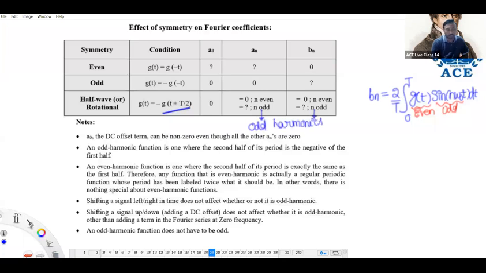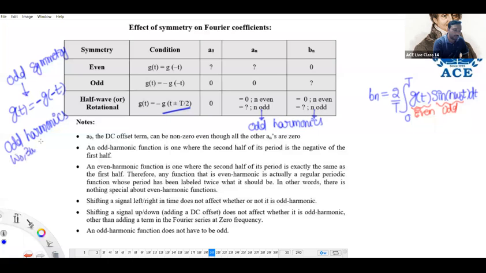Everyone be careful with two words, sir. Odd symmetry. Odd symmetry means we are speaking in time domain: g of t equals minus g of minus t. Odd harmonics means we are speaking in frequency domain: omega naught, 3 omega naught, 5 omega naught, like that.